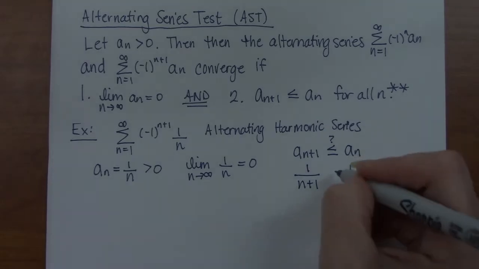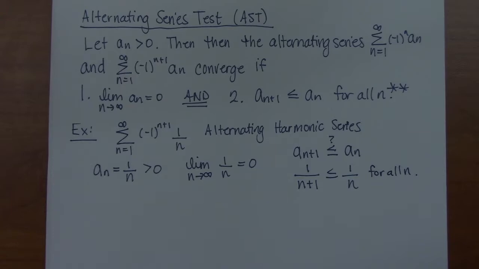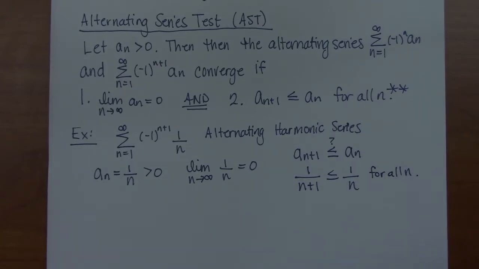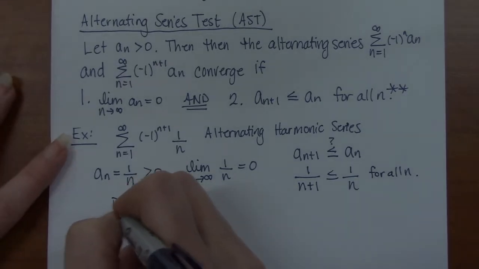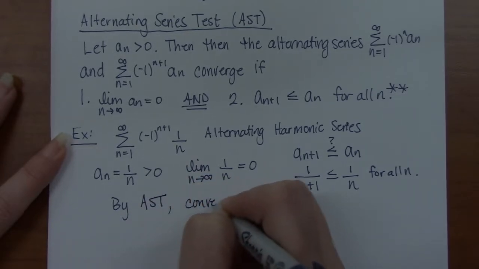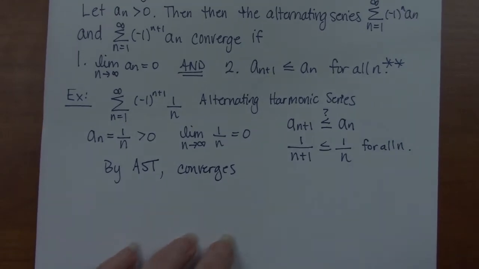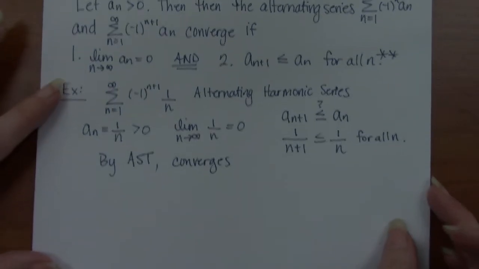So we can tell right away that this is true for all n. Since all three conditions were met, this series converges. One of the things you have to make sure of when you're applying these tests going forward is that you demonstrate that you know the three conditions and that you're showing me these conditions. All right? So let's look at another one.